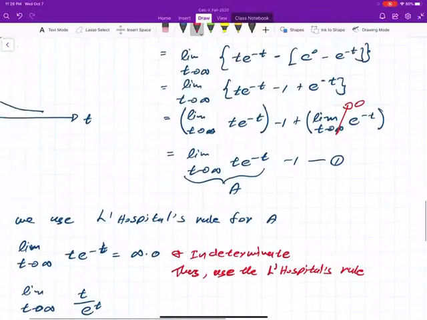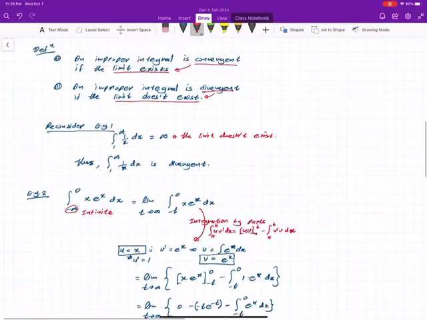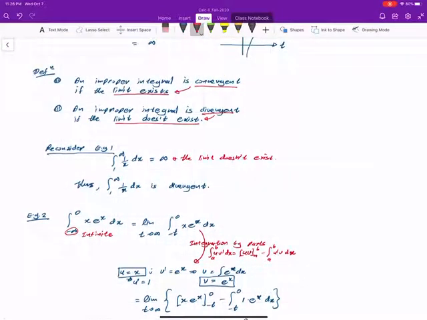Since it exists, go back to the definition where you learned divergence. The limit exists, so this is the case. Now the integral is convergent.